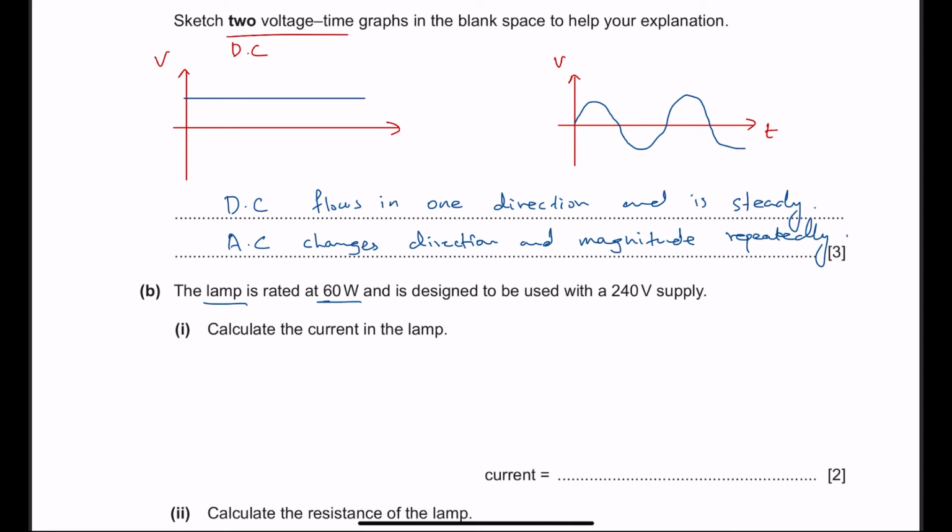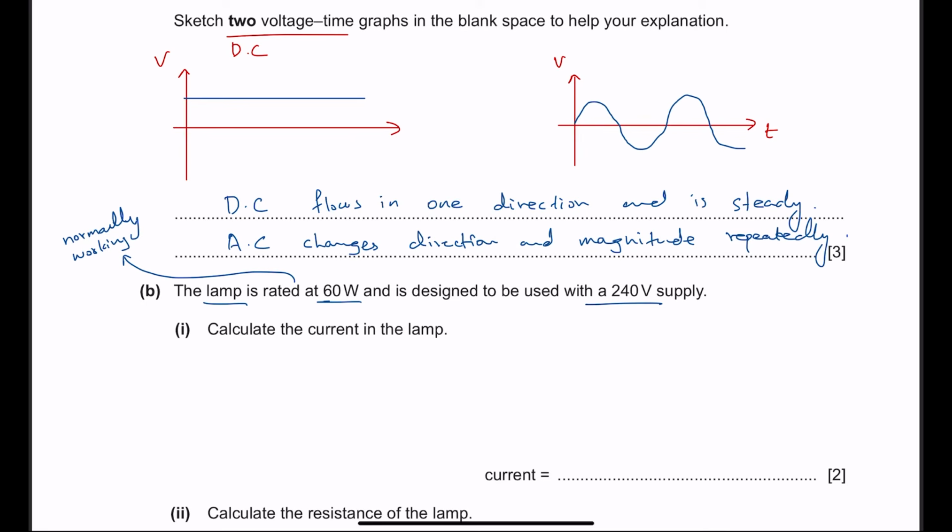Now when you say rated, this word is very important, and it doesn't get taught in classes like it should be. But when you're doing past papers and you hear the word rated, and then you see a value of power or current written next to it, that basically means that if the lamp is working normally, then it must give an output power of 60 watts when it is used with a 240 volt supply.